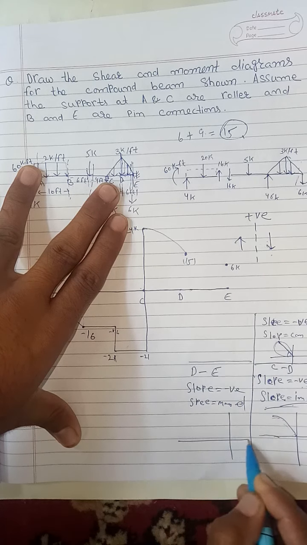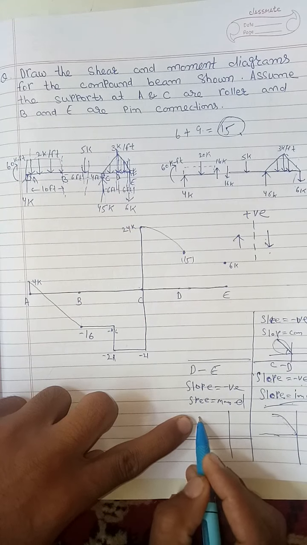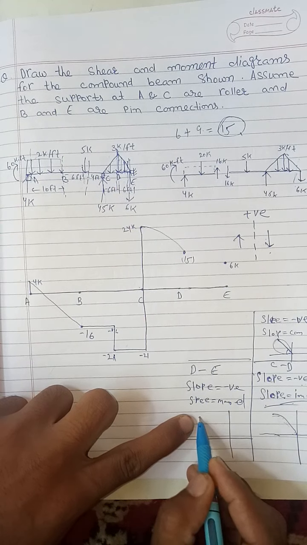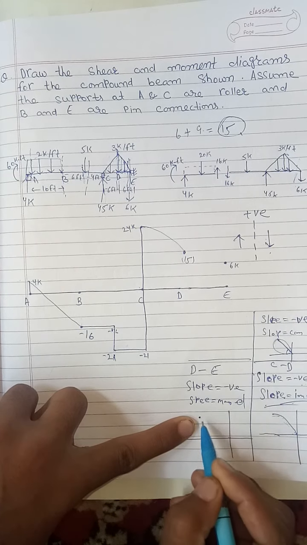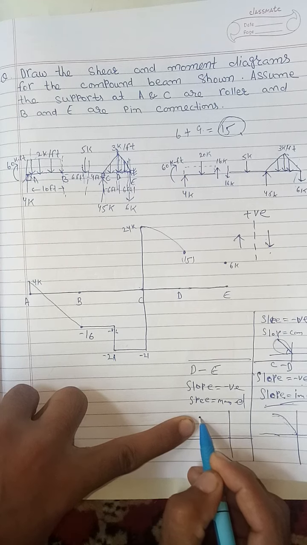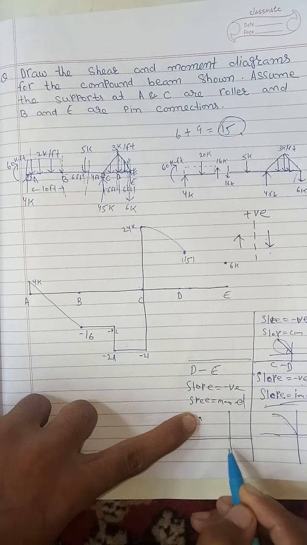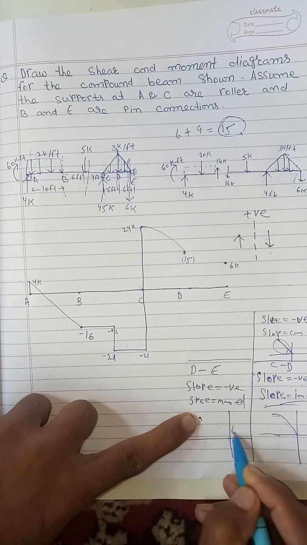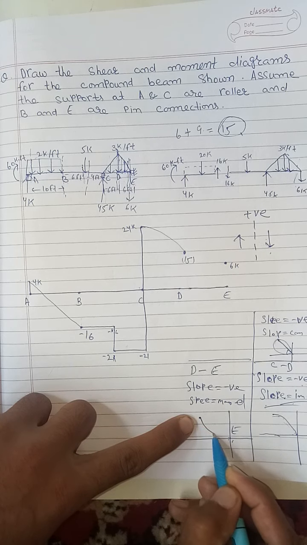So how can we make this? It means at point D the magnitude of slope is more, but it is decreasing. So how can we make this? It means it is more inclined at point D and less inclined at point E. So let this be point E here. It means we have to make a line like that.